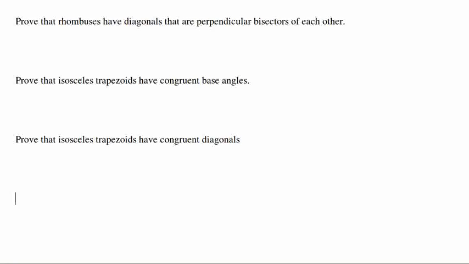Actually, you know what? Let me add a square proof as well. Prove that squares are rhombuses. All right, so pause the video and try to prove these assertions if you like.